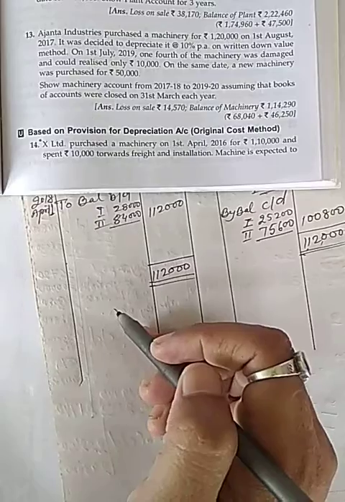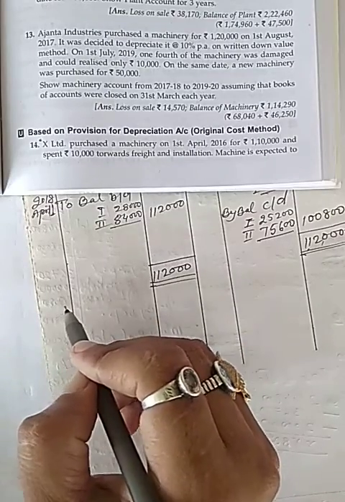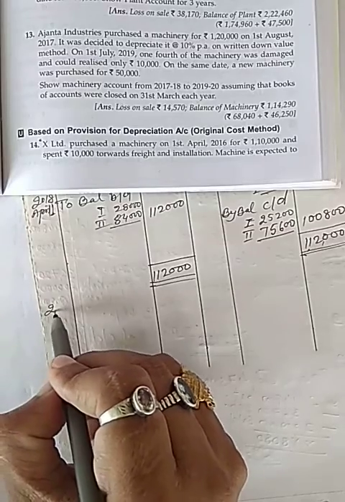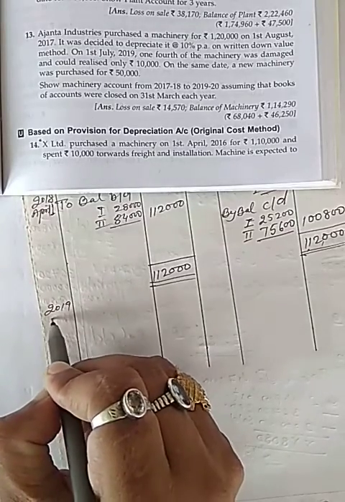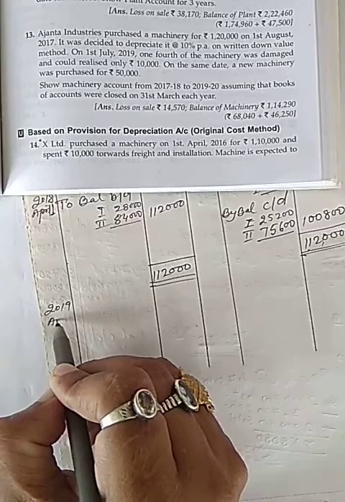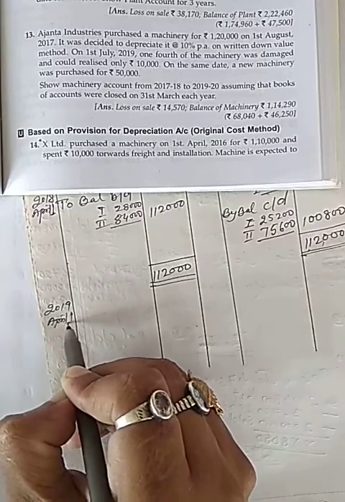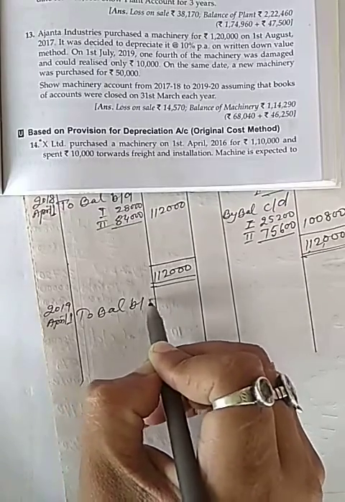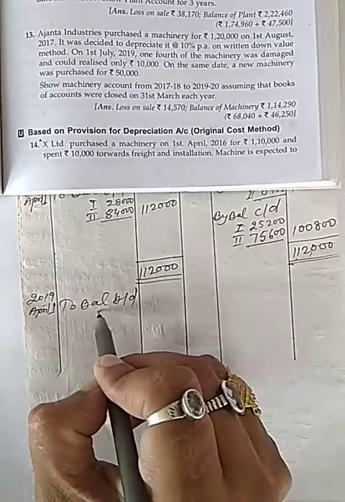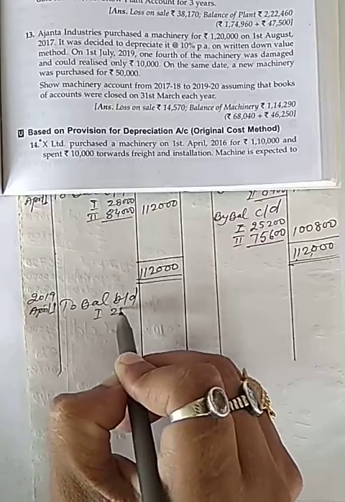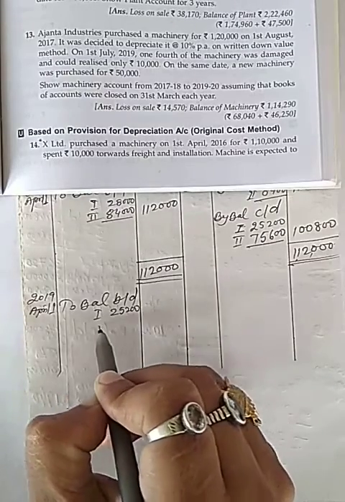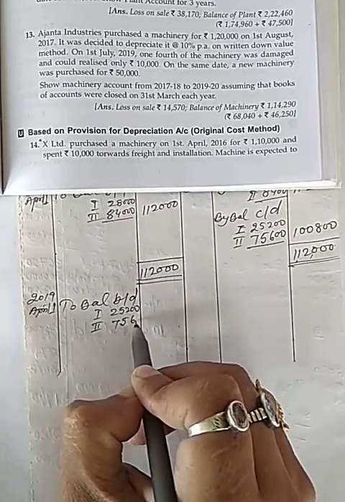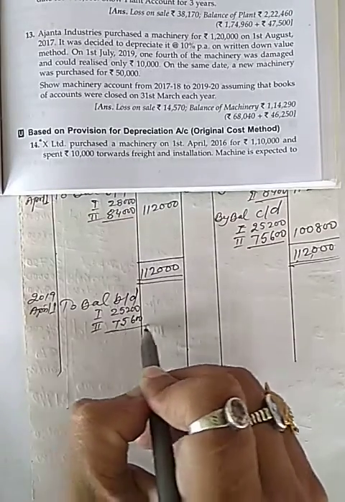So let us transfer it into third year. In 2019 April 1st, to balance b/d, on first part 25,200 and on second part 75,600. It will be 1,08,000.